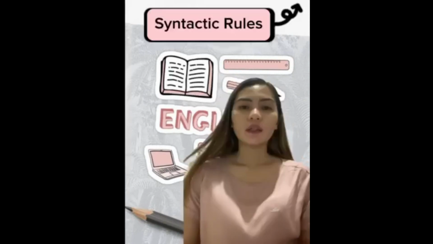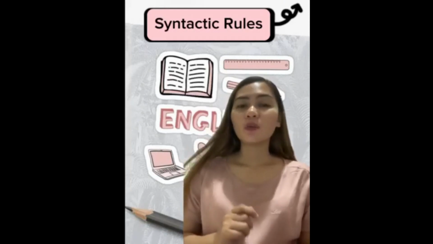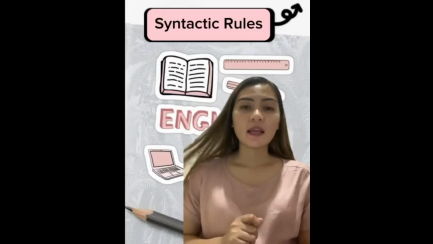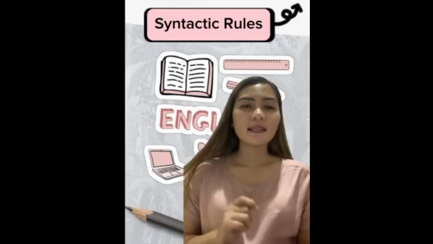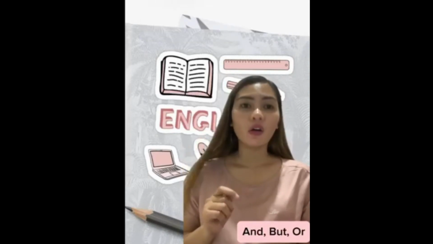To create grammatically correct and acceptable English sentences, we have to follow English rules for syntax. In the English language, word classification often follows the word ordering patterns in clauses and sentences. For instance, compound sentences are connected by conjunctions, and these are and, but, or.